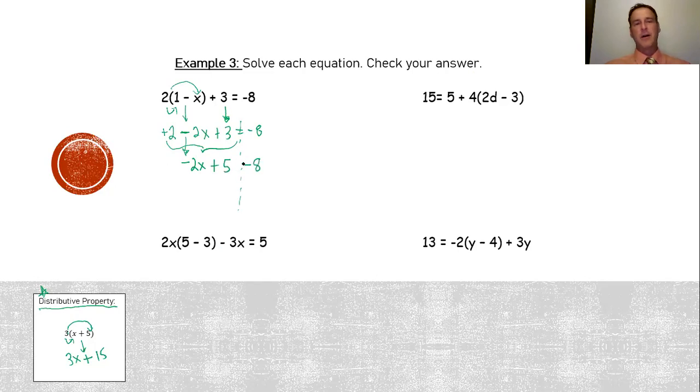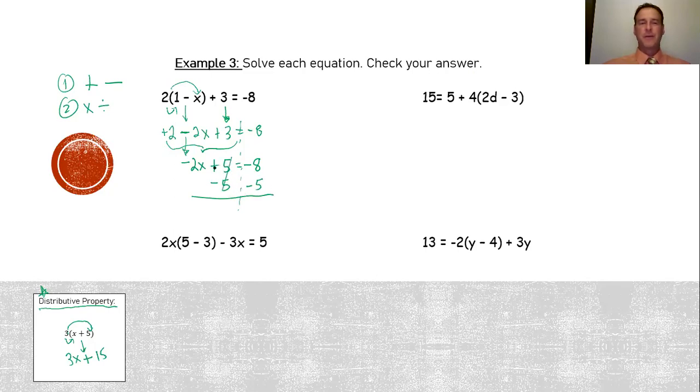And again, now I have a problem like I had on the previous screens. Again, I like to get rid of my pluses and minuses first, and then I'll get rid of the multiplication and division second. So if I'm looking at this left side here, I got to get rid of the 5 first. So these will go away.